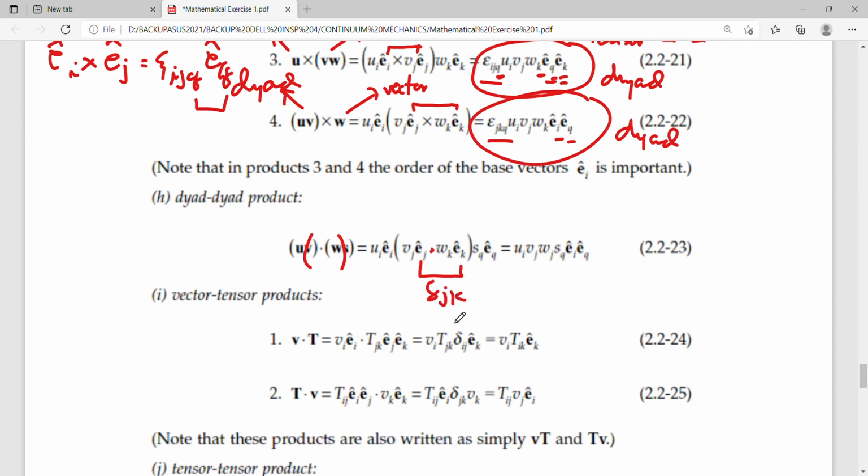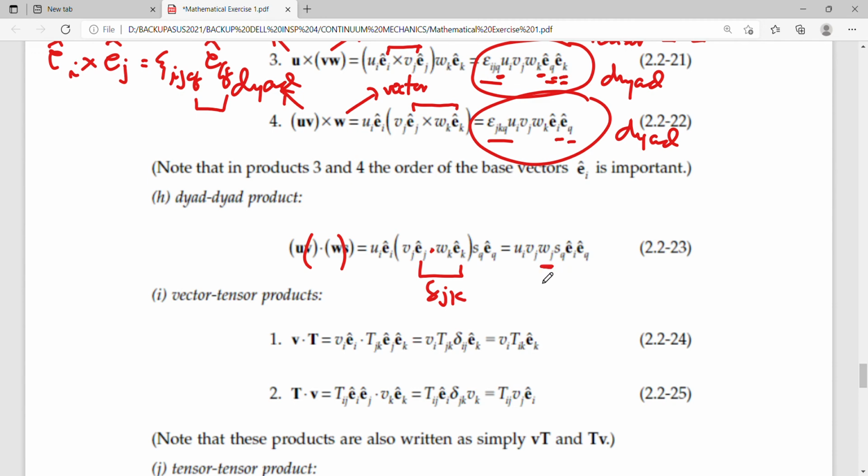Okay, so this delta jk now is near both v_j and w_k. So you can actually make a contraction on either v_j or w_k. This time it was chosen to contract delta jk to the w_k there, therefore this becomes a w_j.